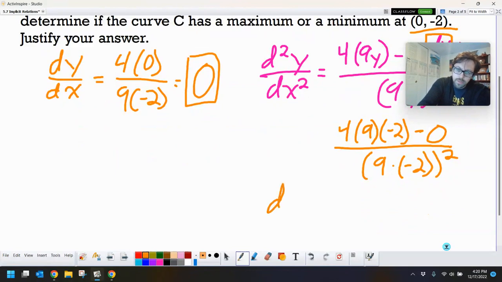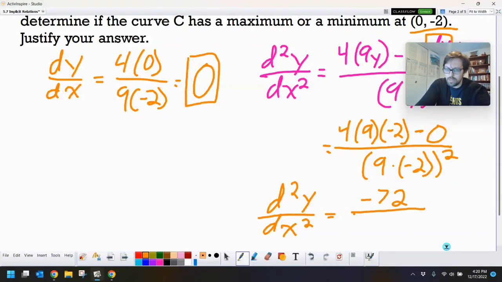Okay, so d squared y over dx squared equals, the numerator is going to be pretty big, but it'll be negative 72 over our denominator squared, which will be, here I got 324. The important thing is we can see that this thing is less than 0.